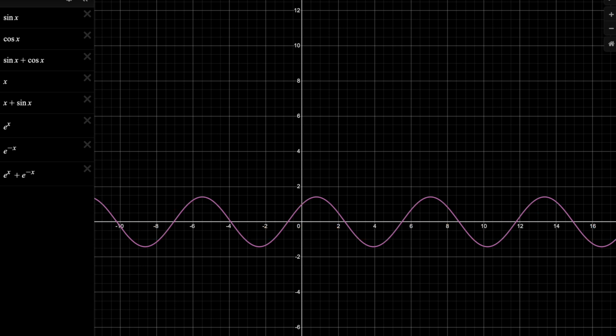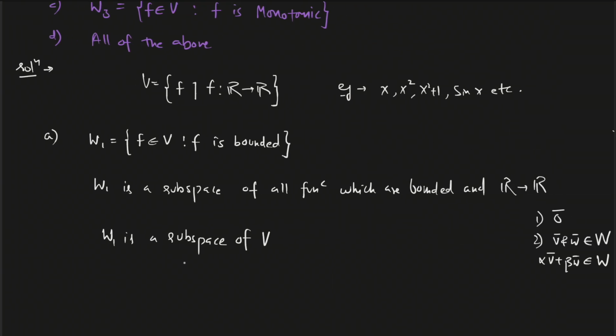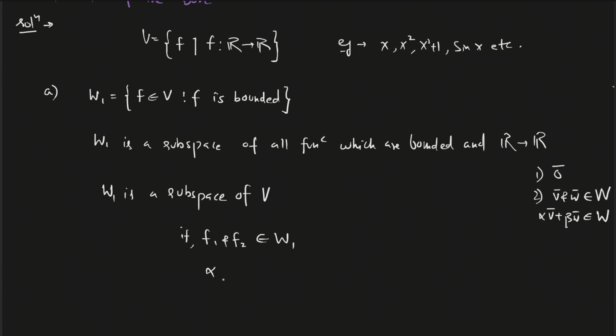So the linear combination is also bounded. So we can say that this W1 is a subspace because if two functions f1 and f2 belong to the subspace W1, then their linear combination alpha times f1 plus beta times f2 also belongs to the subspace W1.